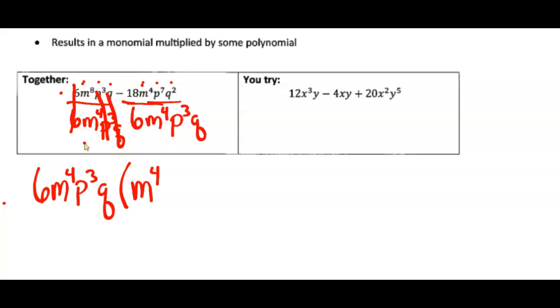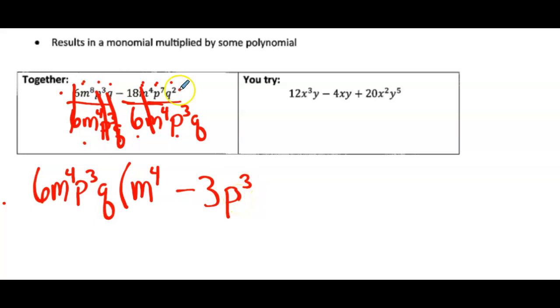Okay, now I'm going to divide negative 18 by 6. Well, I'm going to get negative 3. My m's are going to cancel. They're the same. Here I have 7 p's and 3 p's, so 7 minus 3 leaves 4 p's.